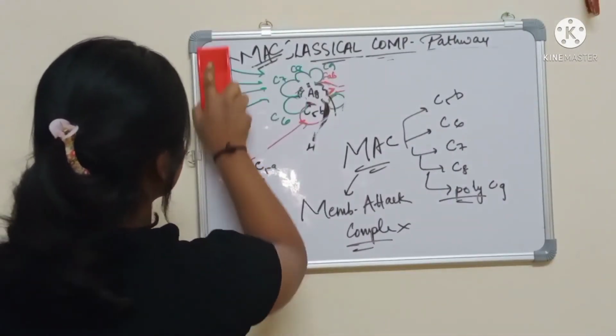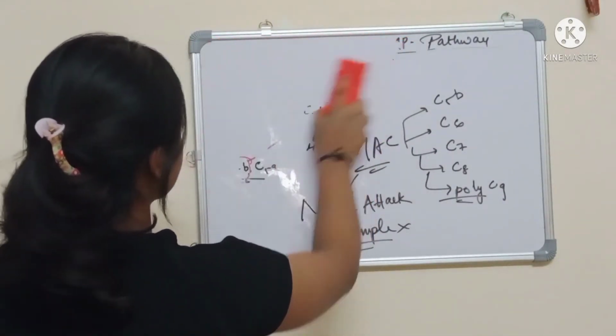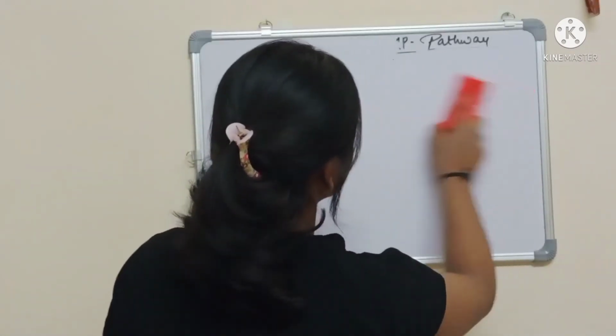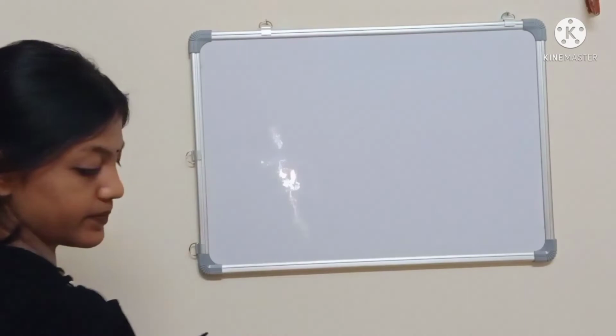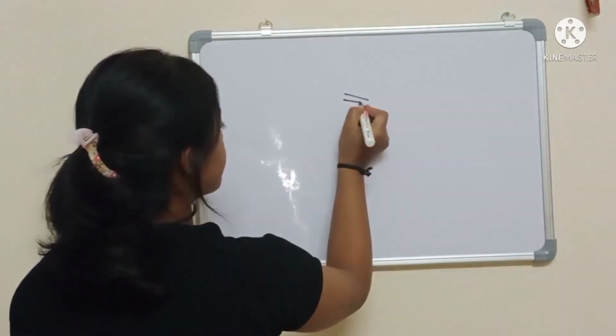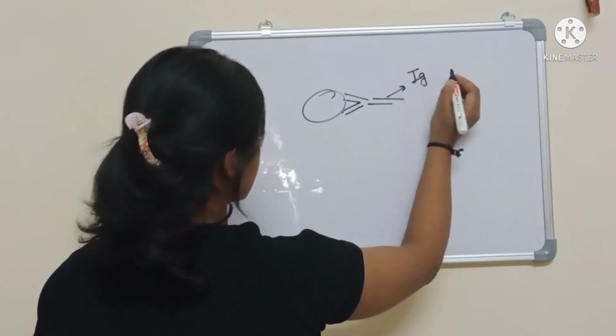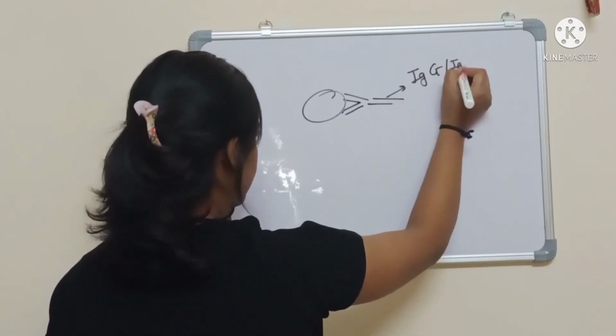And IgM is more potent in activating the complement pathway as compared to IgG. The antibody which was bound to the antigenic cell, I told you it could be IgG or IgM.